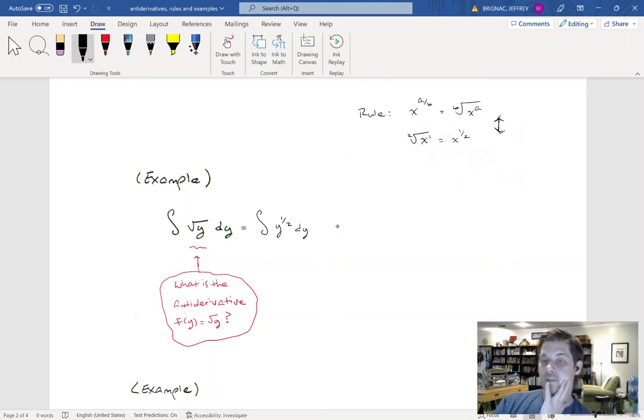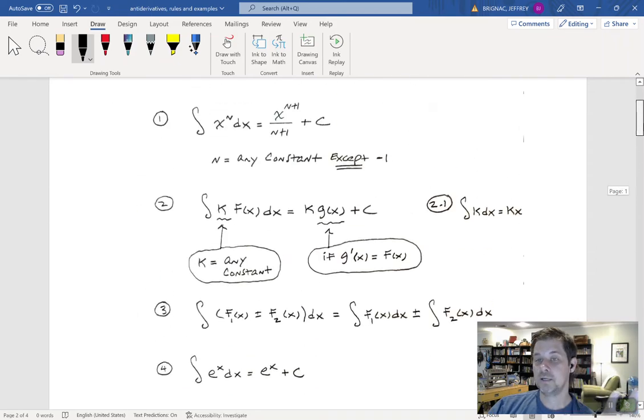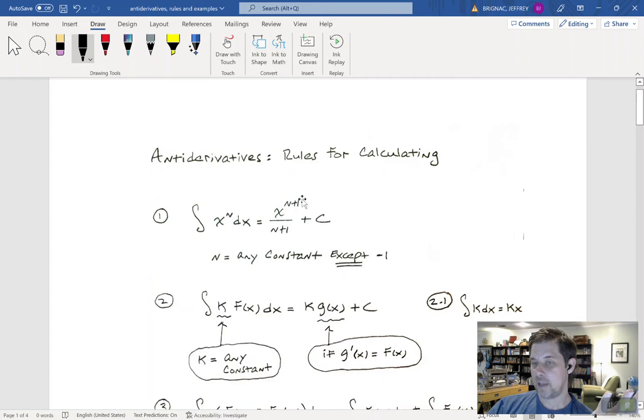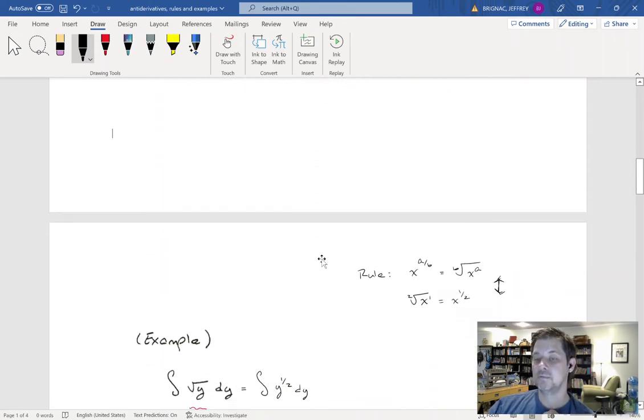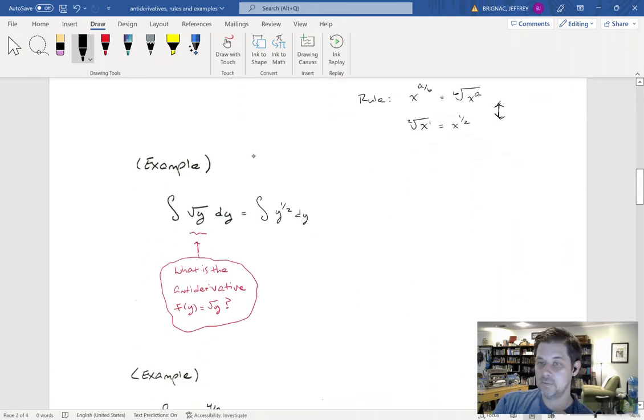Okay. So now I get this. Now I do see a power. It says y to the 1/2 power. And that rule says that I would just add 1 to that power and divide by that same number, n plus 1, x to the n plus 1 power over n plus 1. So, all right, that's something I should be able to do. Let's see.